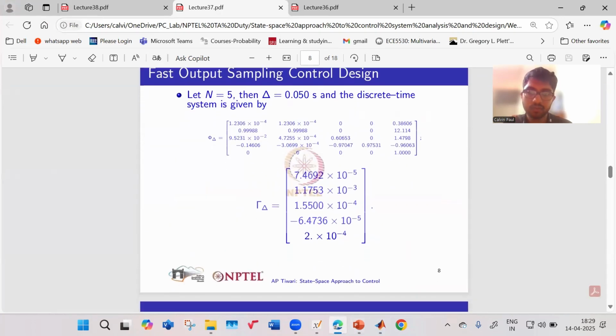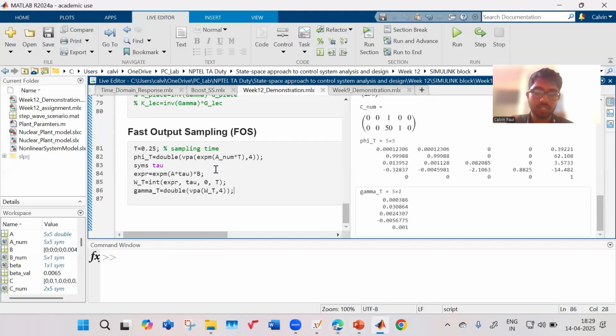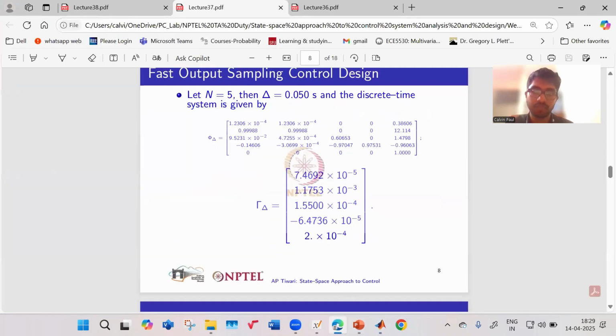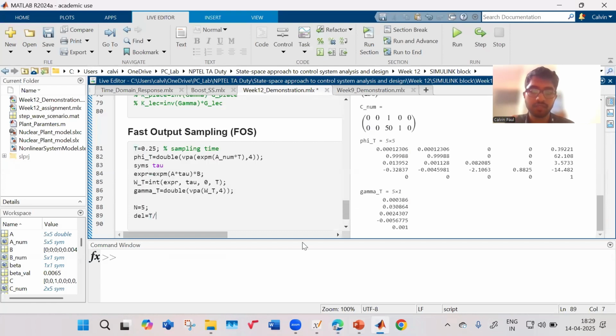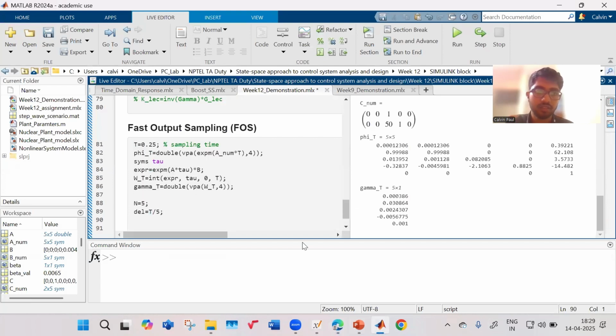Now we have to go for delta. So del is equal to, in this case, n is equal to what? n is 5. So del is equal to t by 5. So my phi underscore del is given by this expression. We just copy this entire thing.